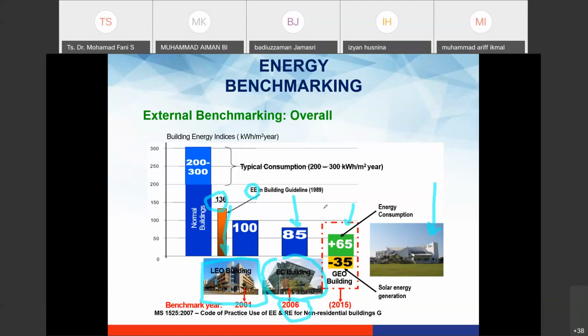The EI was 65, but when they put solar energy generation on the building, they got a minus for the EI, until minus 35.